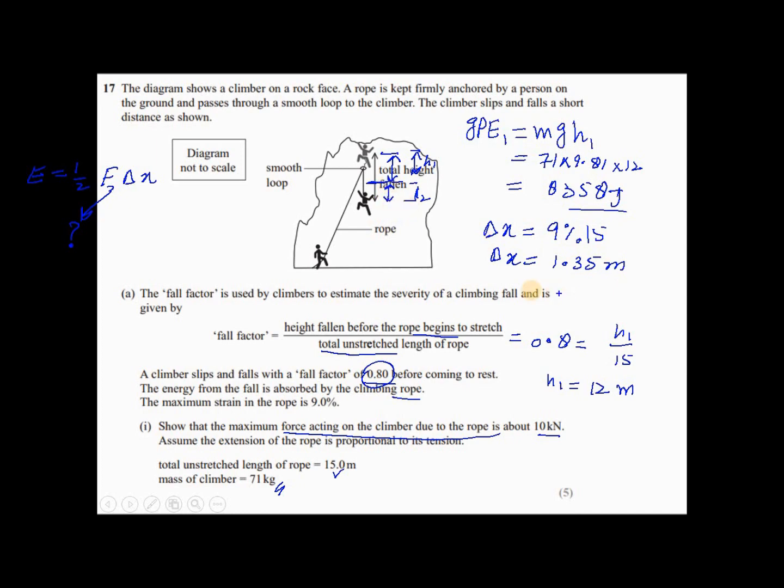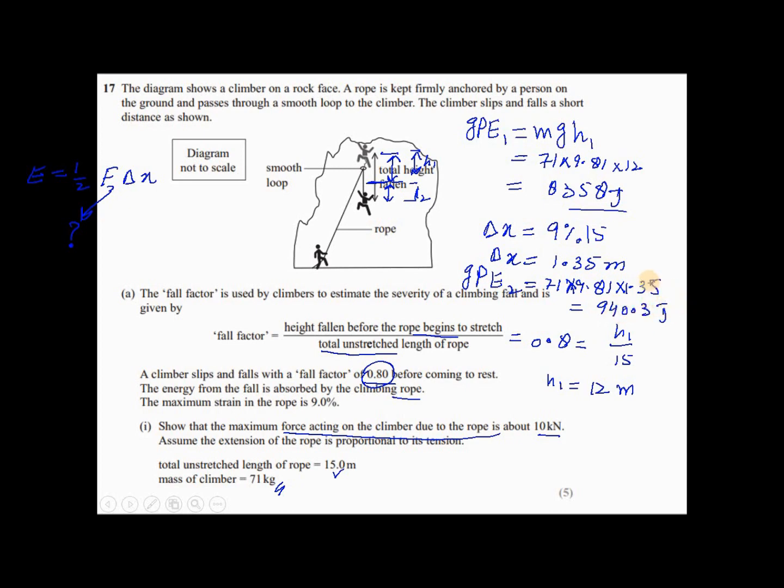So we can find the next GPE change, or GPE loss, GPE2: again 71 times 9.81 times 1.35. So we have a GPE2 which is equal to 940.3 joule.